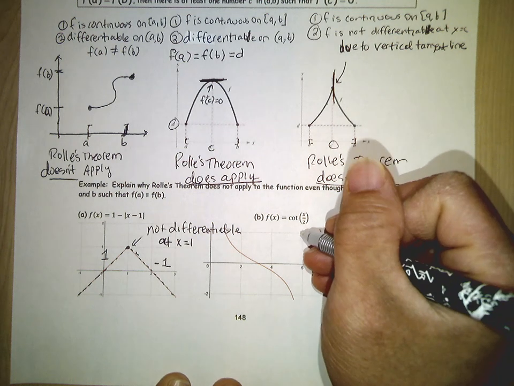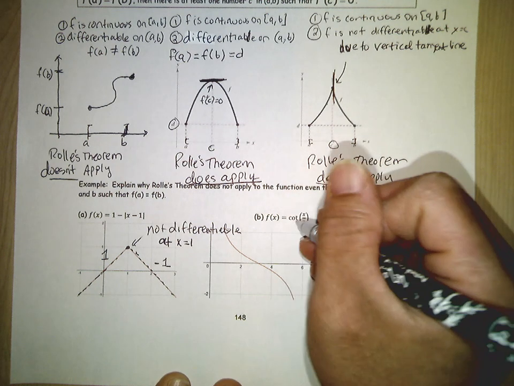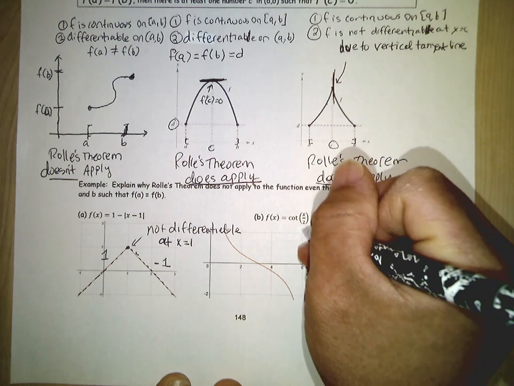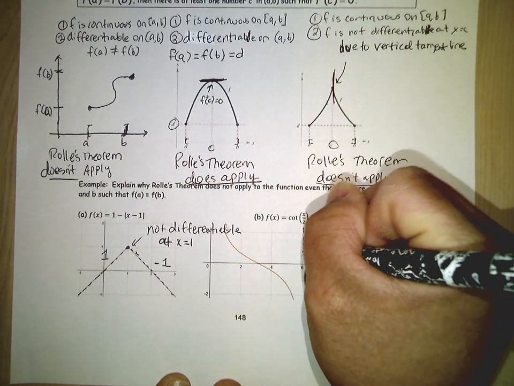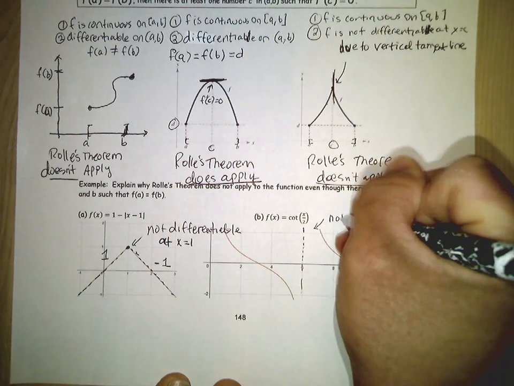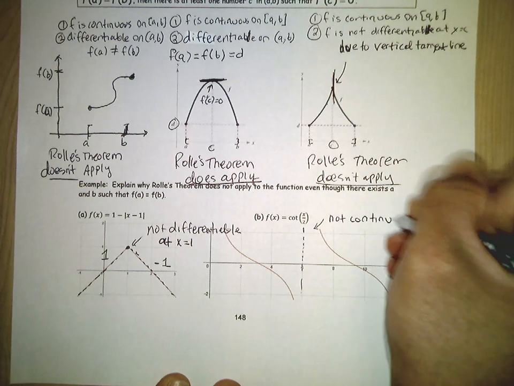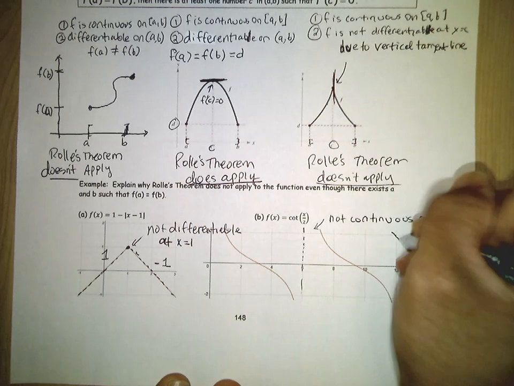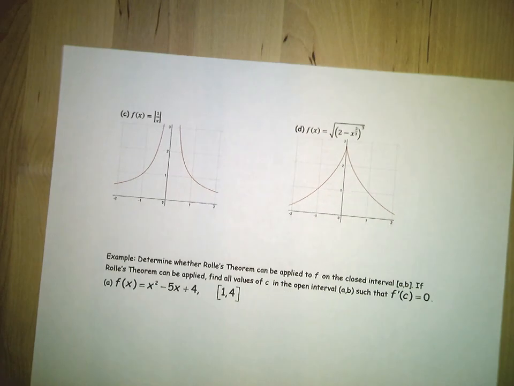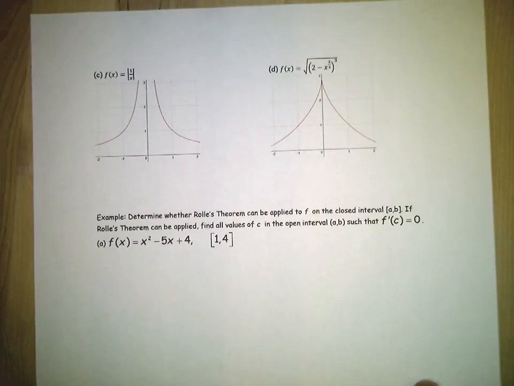Here we have, let's see, oh, f of x is cotangent of x over 2. Well, all right, you can see right here that this is not continuous at x equals 6. All right, here, let's do another example here.